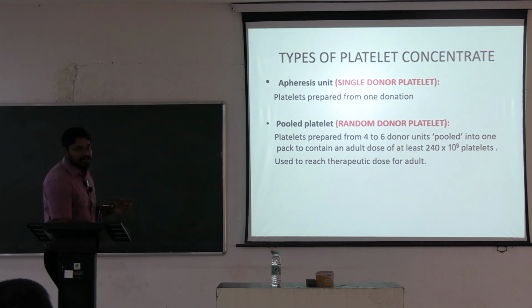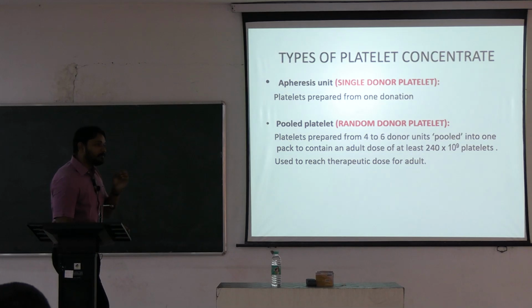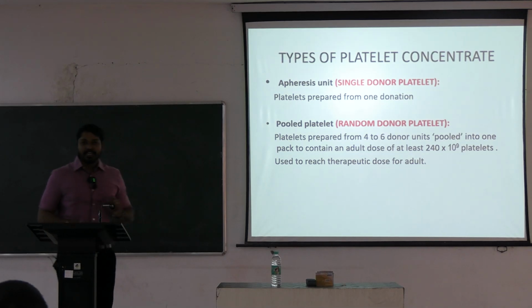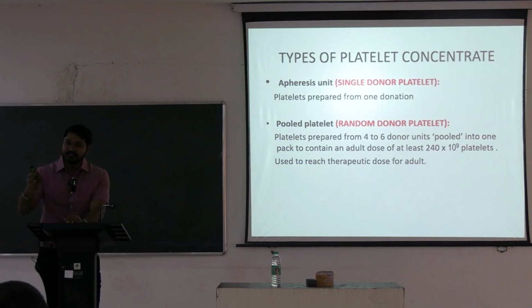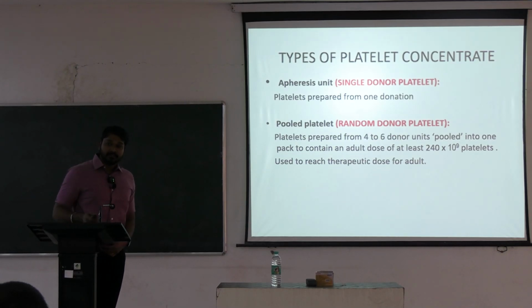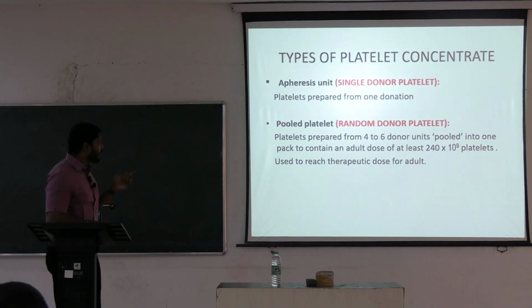If you give one random donor platelet, the count increases by 5,000 only. Say the patient's platelet count is 55,000, I give a random donor platelet, the count will increase to 60,000. But with SDP it will rise by 10,000. So we prefer SDP only.